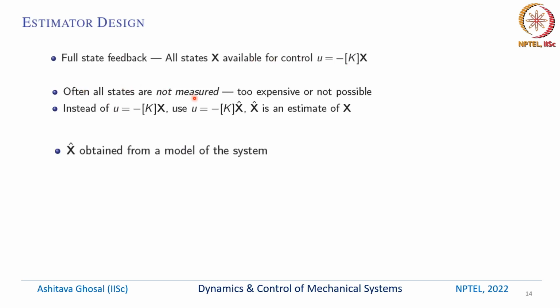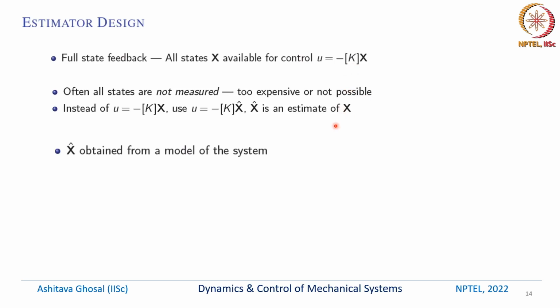Often all states are not measured. Basically it is too expensive or sometimes not even possible. If you have a complicated plant, some of the states are not so easy to measure. So instead of u equals minus kx, we would like to use u equals minus kx hat, where x hat is an estimate of x.